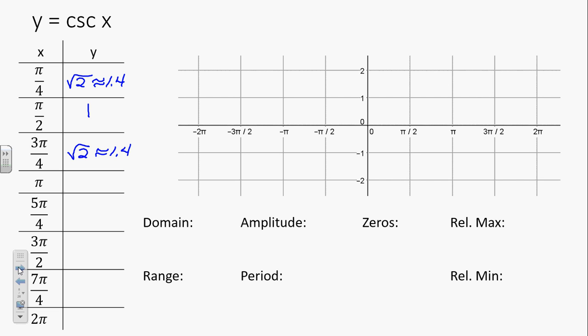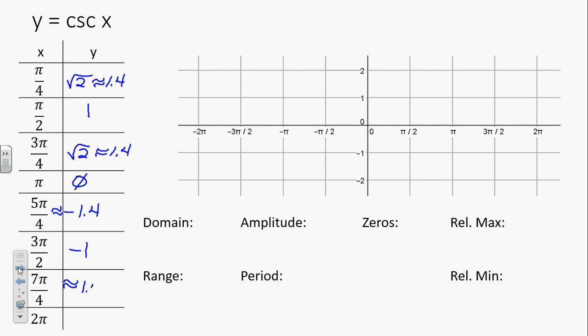But what happens when the sine was pi? We had a 0, right? So when we take 1 over 0, we're going to get undefined. Okay, 5 pi over 4, negative 1.4, because now we're in the third quadrant and we have a negative value for the sine, and therefore a negative value for the cosecant. 3 pi over 2, negative 1. 7 pi over 4, negative 1.4.